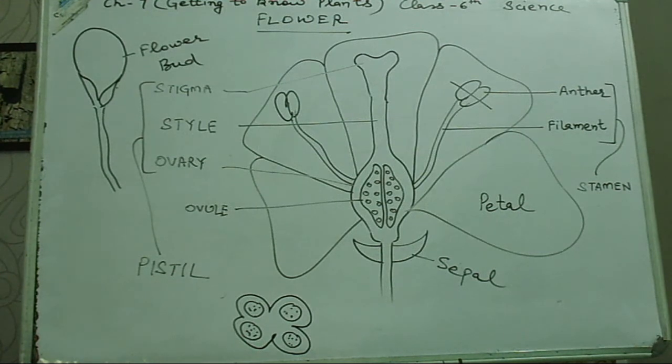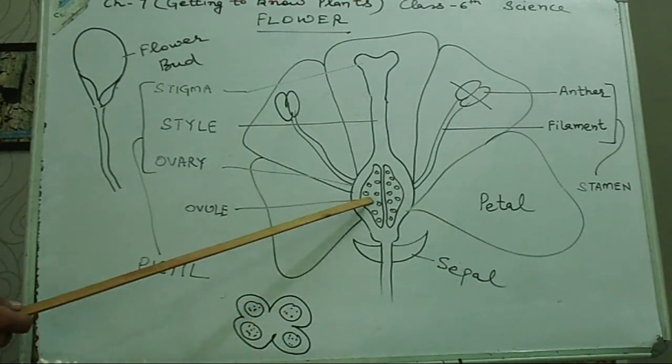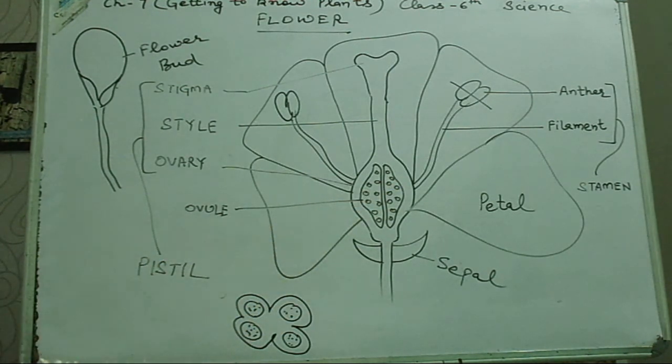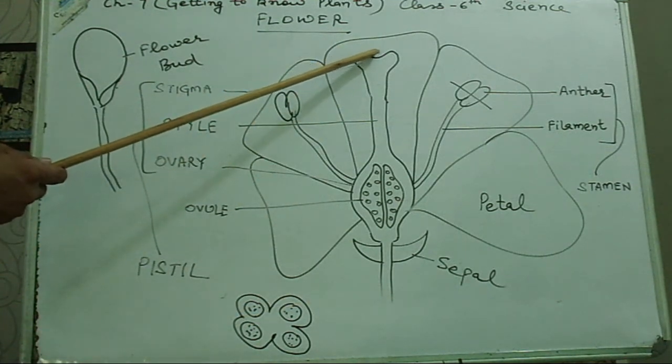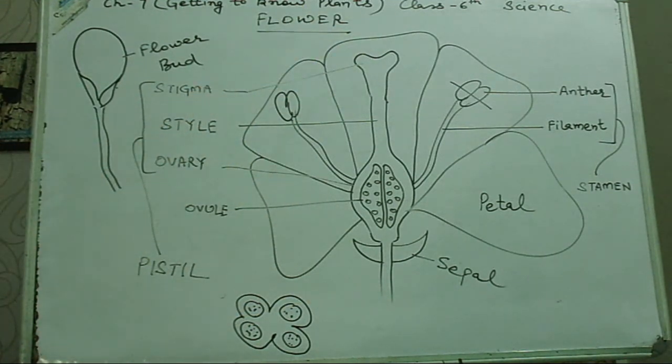Fusion of these male gametes and the female gamete in the ovule gives rise to a seed. And these pollen grains have to reach the upper portion of the stigma so that the process of sexual reproduction can take place in plants.